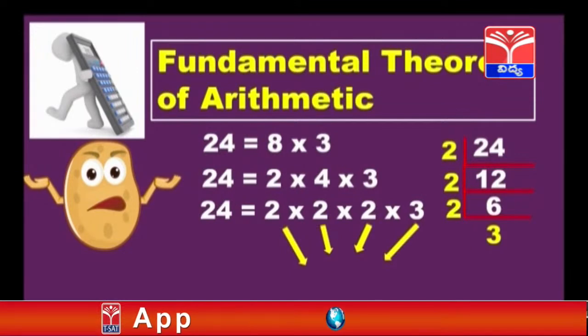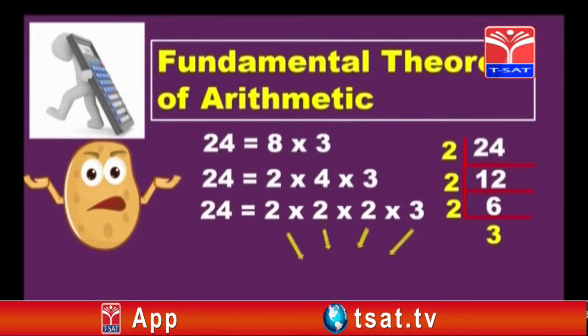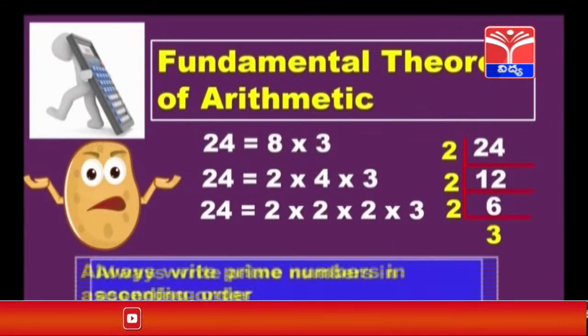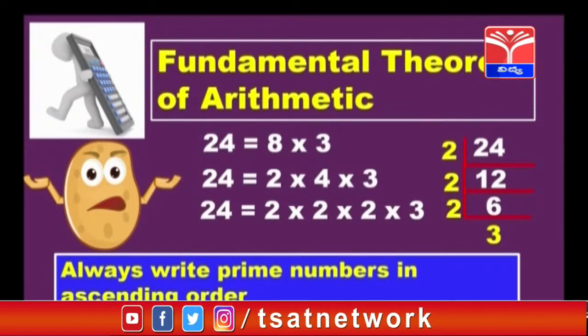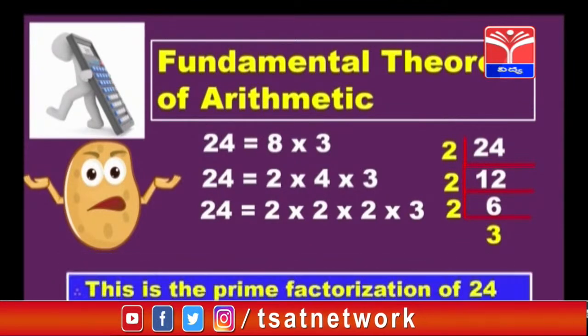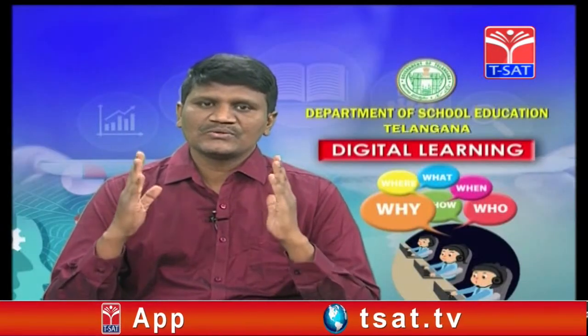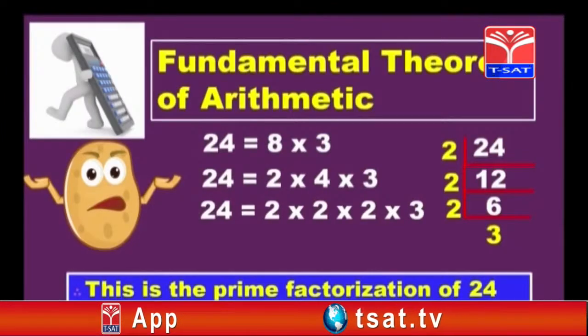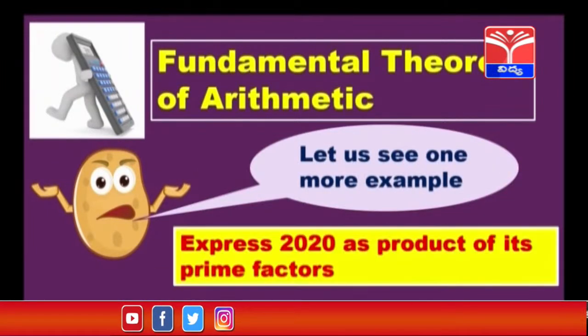Then 2, 2, 2 and 3 are all prime numbers, and we always write prime numbers in ascending order. This is the prime factorization of 24: 24 = 2 × 2 × 2 × 3, or else you can write this as 2 cube into 3 power 1.